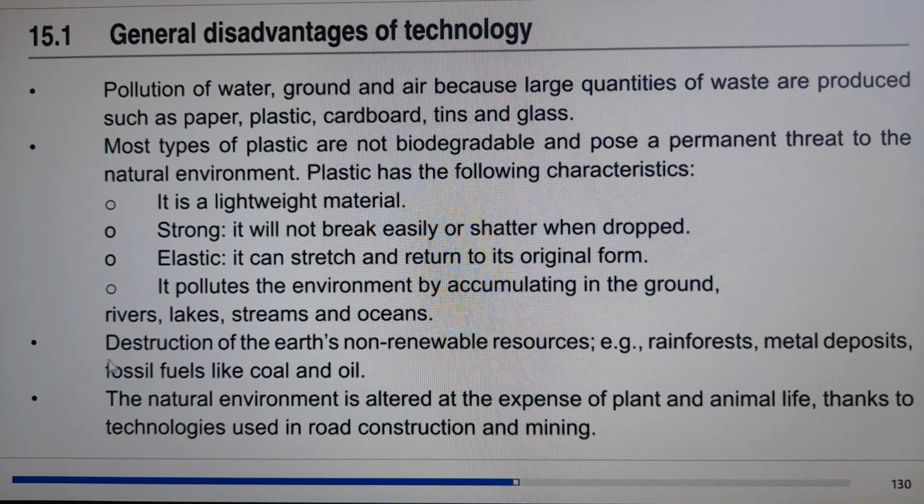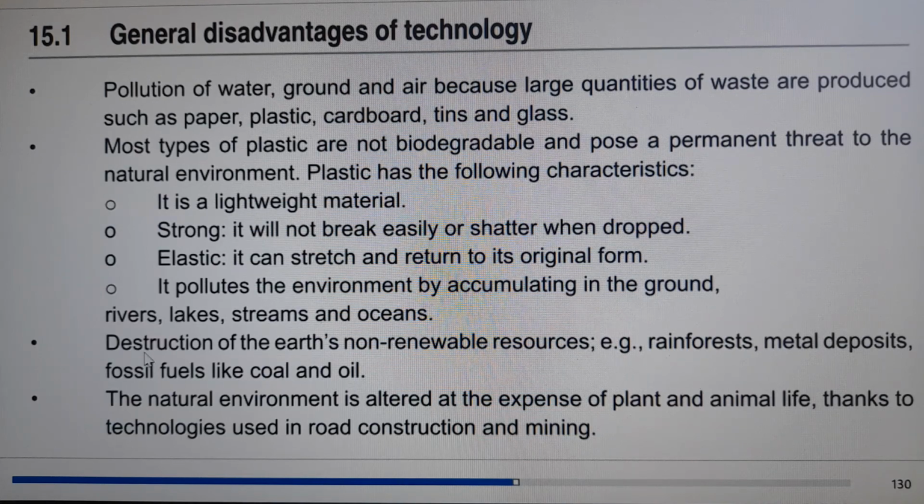The third one is destruction of the earth's non-renewable resources. For example, rainforest, metal deposits, fossil fuels like coal and oil. As we are busy improving our technology, we use the non-renewable resources and they are almost being depleted. So this leads to destruction of non-renewable resources.